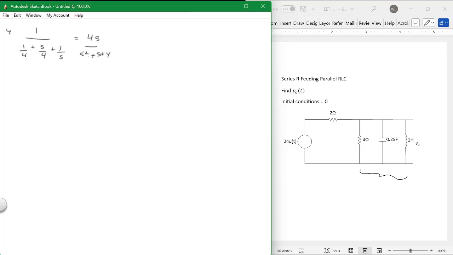So now what do you do? Now what you've got to do is voltage divider, and I missed this one as well. So again, what do you do here? You say my V out is equal to 24 over S times 4S over S squared plus S plus 4, over 4S over S squared plus S plus 4 plus 2.